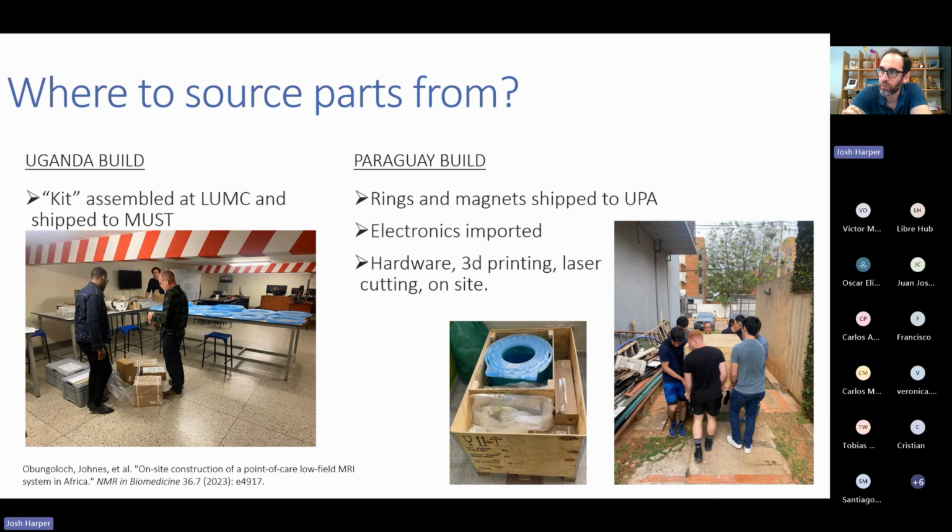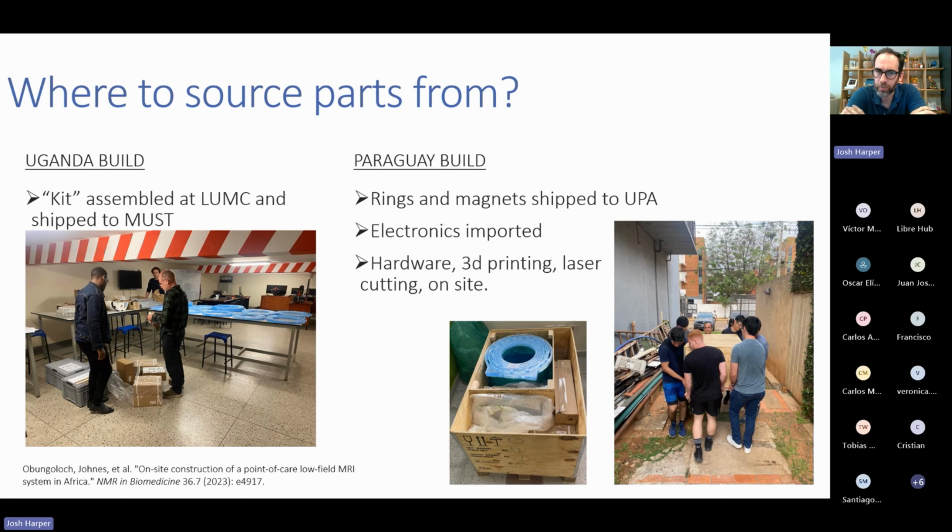And in order to improve the speed of the process, Tom and Wouter assembled all of the components that were necessary to build the system down to the screwdrivers that we would need. And they put them all into a crate and shipped them to the lab in Uganda. And when we got there, we had everything we need. We laid it out. We worked with an excellent team at Mbarara University of Science and Technology to build the system in about 12 days, which was pretty fantastic and really fast.